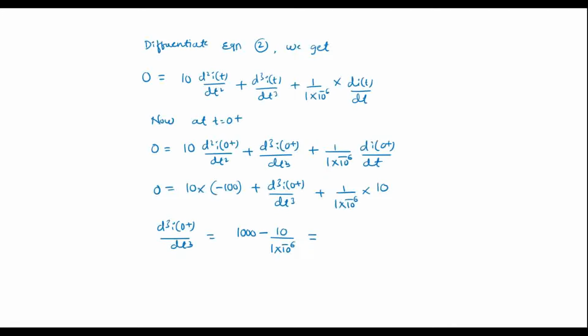Simplifying this, we get minus 9.99 into 10 power 6 volt amperes per second cube.